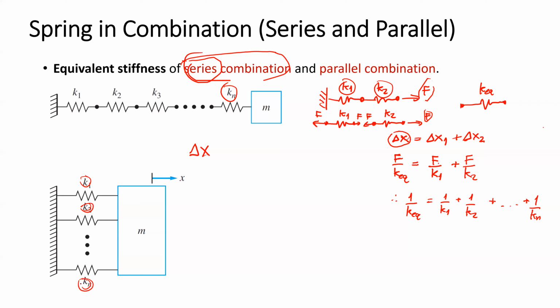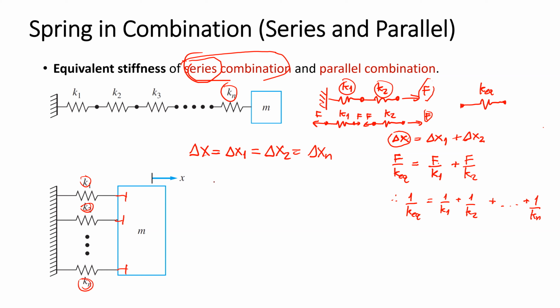The first spring need to extend, the second one need to extend. All spring have the same displacement, and the total force. So it means the total displacement is equal to the displacement of the spring 1, is equal to the displacement of the spring 2, and also the spring n.